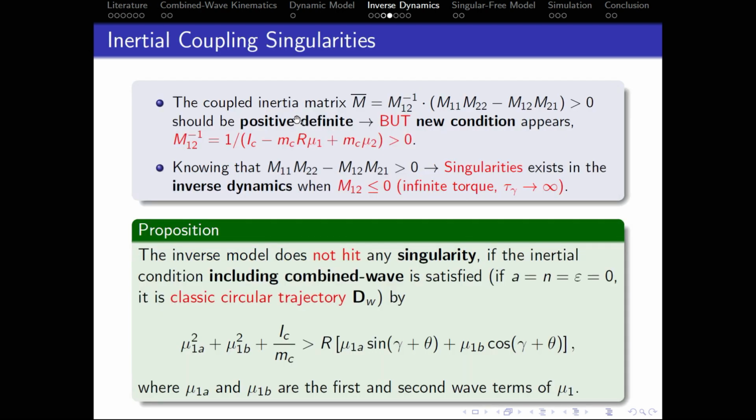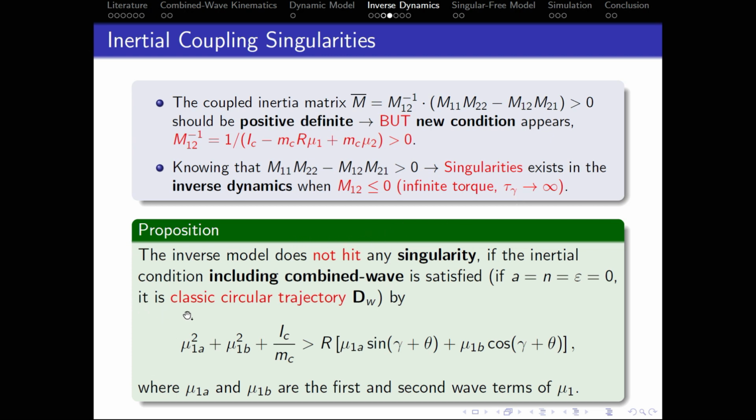And by knowing that, we have to satisfy the positive definiteness for this matrix. But we have a new condition, which comes from the M12 term. And because we know this following term is positive, we will hit the singularities if M12 is negative.